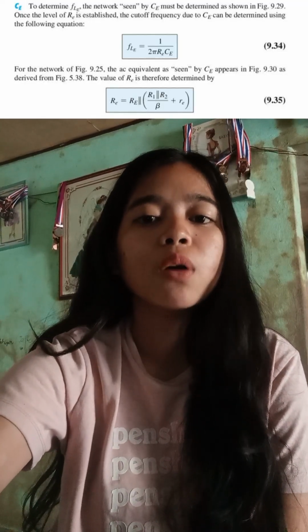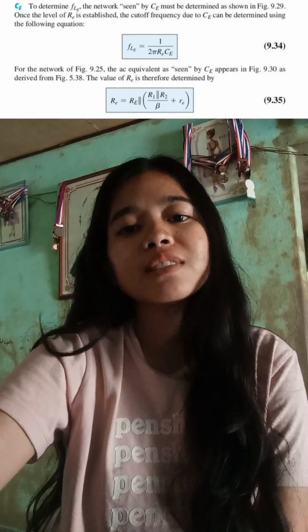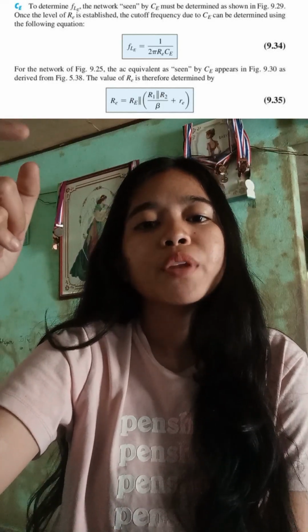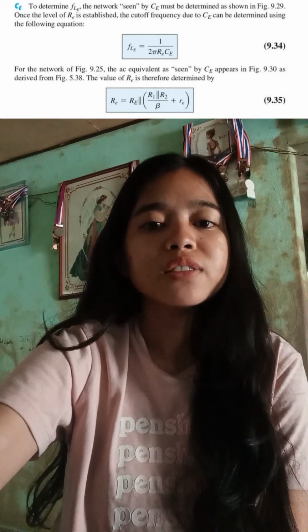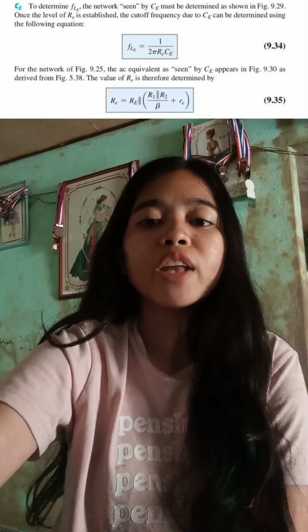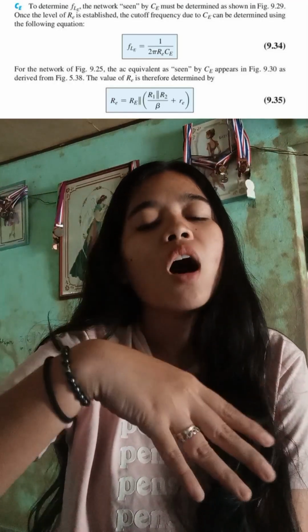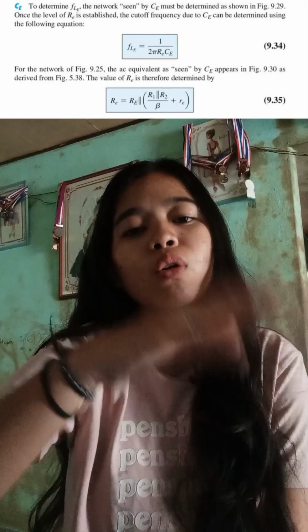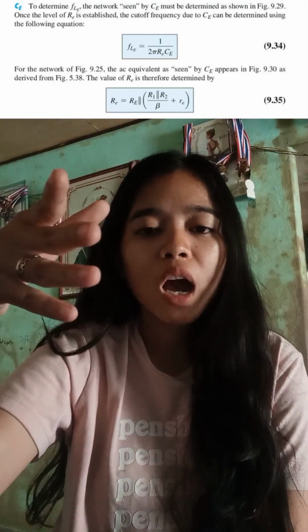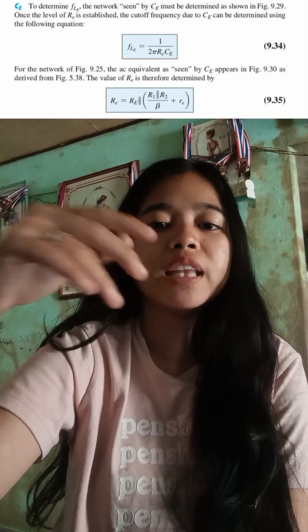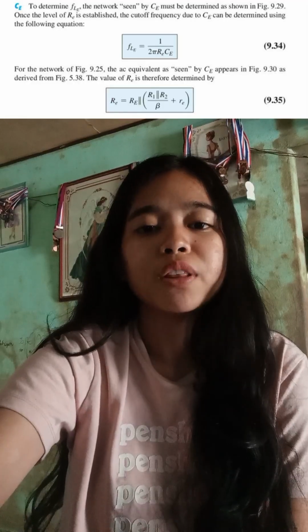So it depends. That internal resistance is added to the base network resistance, which is the parallel combination of R sub 1 and R sub 2, divided by beta to reflect it down to the emitter side.